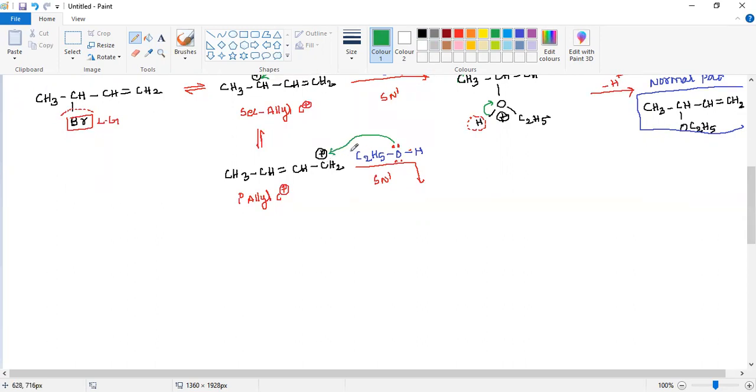This attacks here, then how can we write?